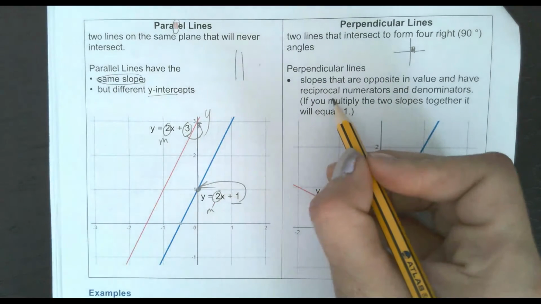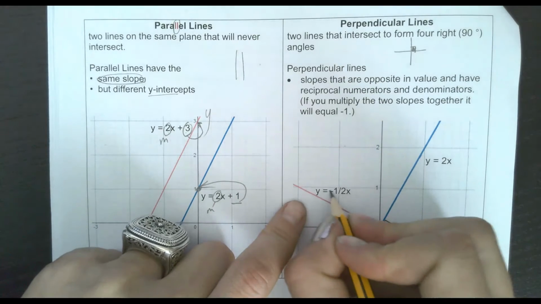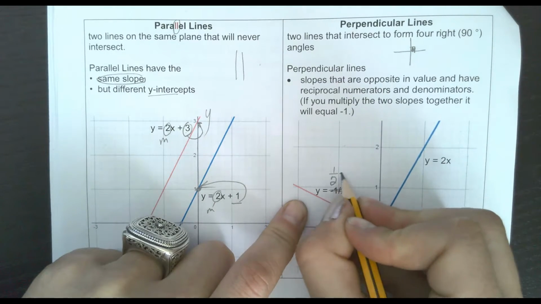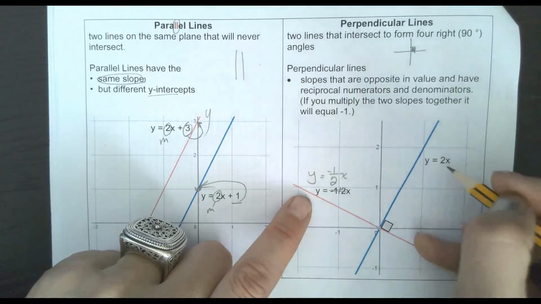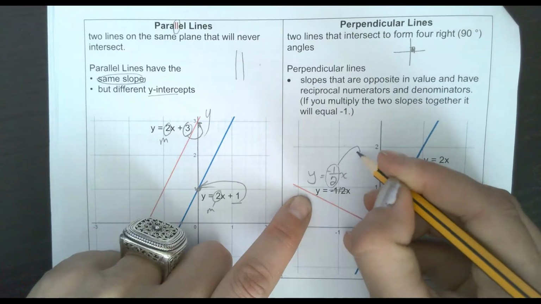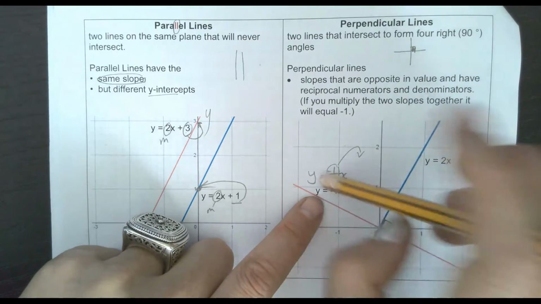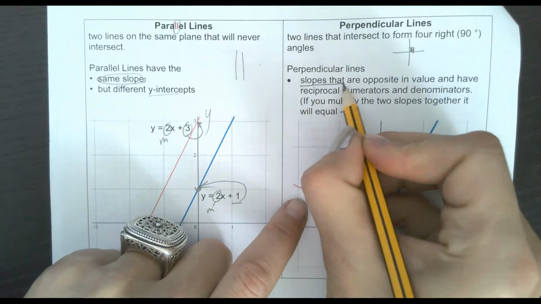Perpendicular lines, and let me write this nicer. This has negative half. So y equals negative half. So this is one line, and this is the other line. If I take the slope from this one, I do the reciprocal. Here's the word reciprocal.